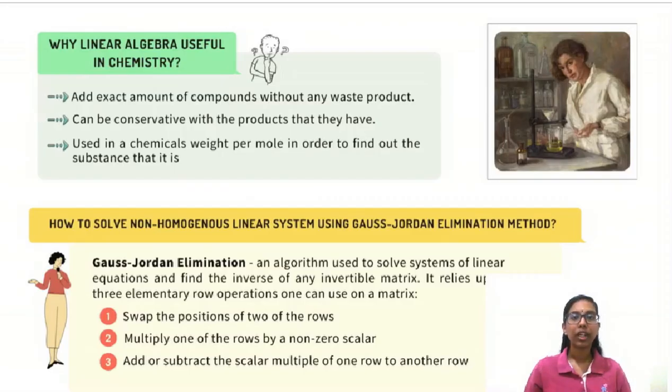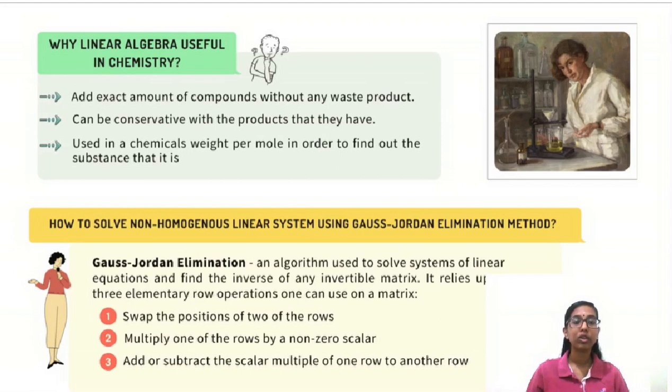Now we look into why linear algebra is said to be useful in chemistry. Linear algebra is useful in many applications in these sciences. Chemistry uses linear algebra in many aspects of its computation, such as balancing a chemical equation so that nothing is mysteriously lost or gained. Using linear algebra helps chemists add exact amounts of compounds in order to get the proper result without any waste product.